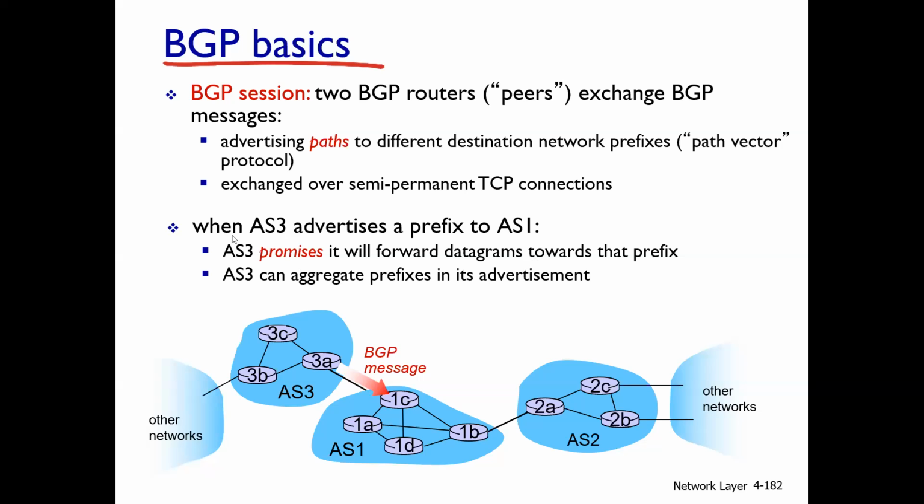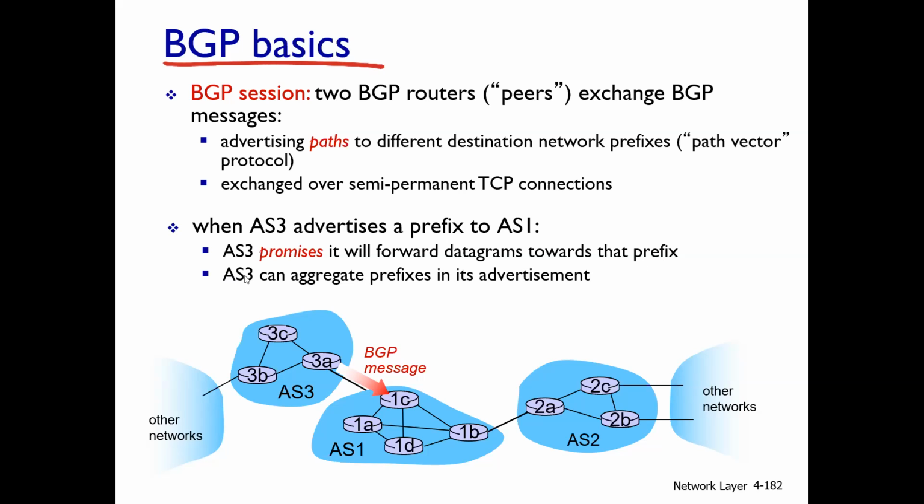So for example, AS3 advertises to AS1 that you can get to so many destinations through me. So it promises that it will forward datagrams towards those prefixes.